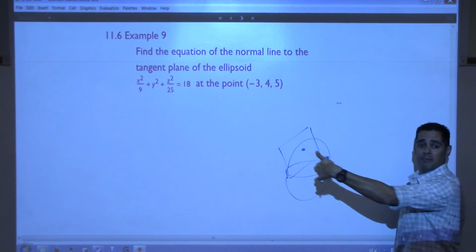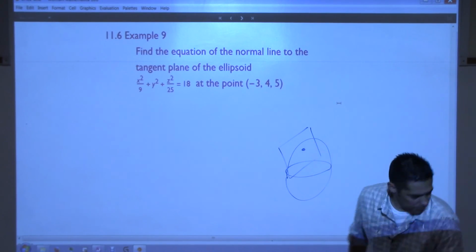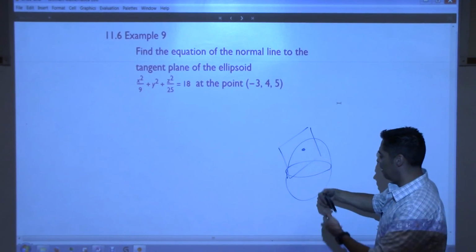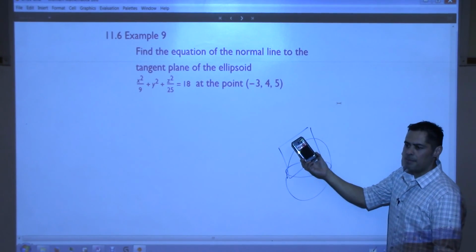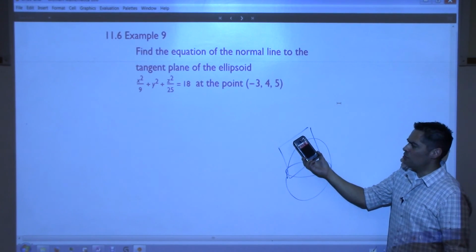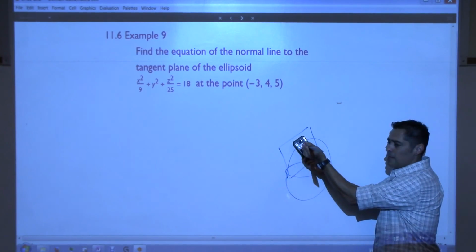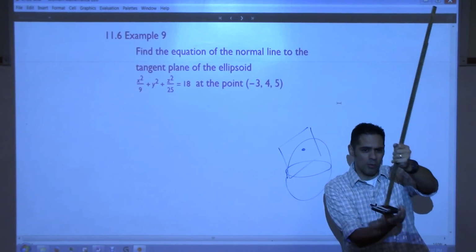Now what we want is for you to take that plane and give me the equation of the line that is normal to the plane. What we mean by that is the line that is perpendicular to the plane, that pops out of the plane, normal meaning perpendicular.